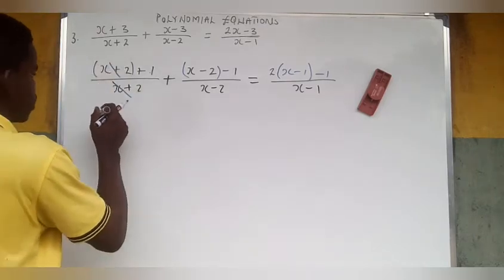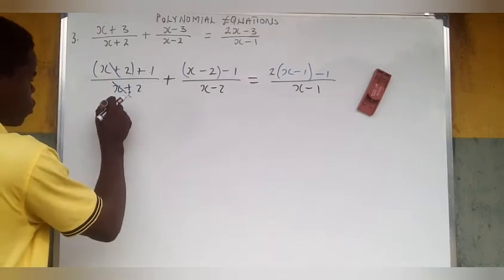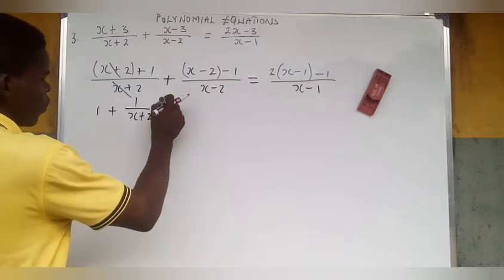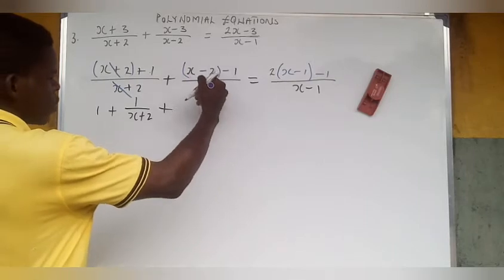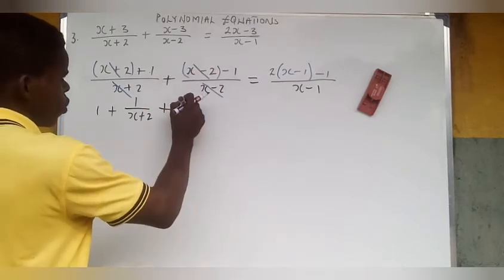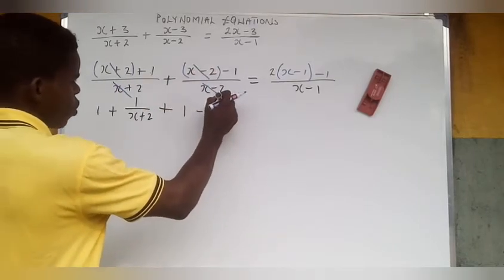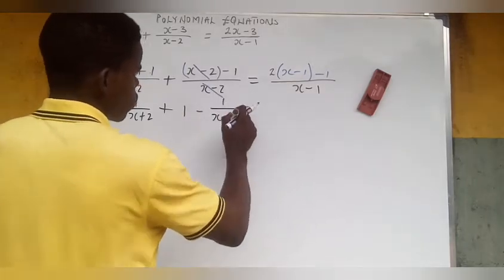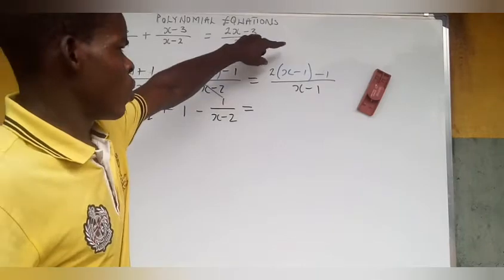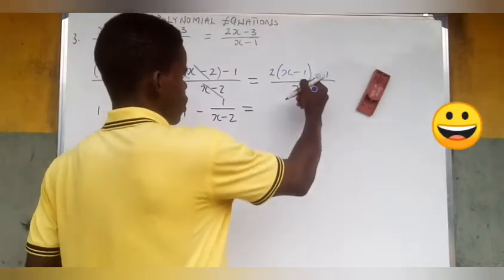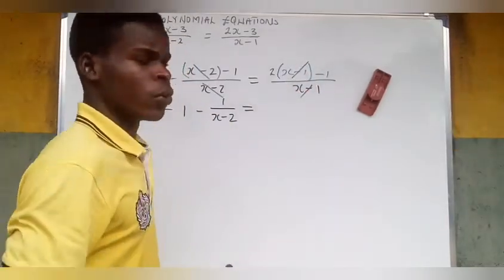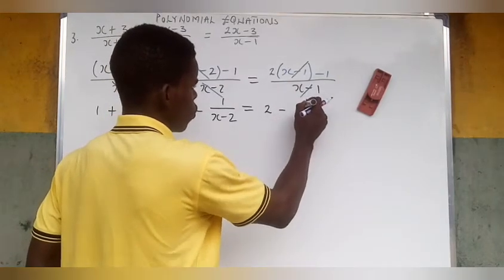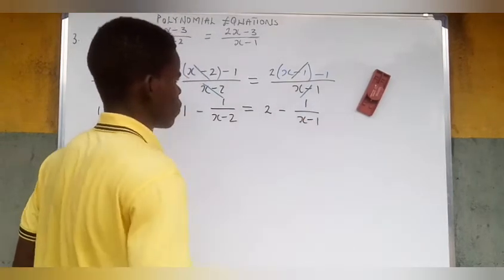So you're going to be left with 1 plus 1 over x plus 2, plus this can cancel this. So we'll be left with 1 minus 1 over x minus 2, which is equal to, this can cancel this. So we'll be left with 2 minus 1 over x minus 1.